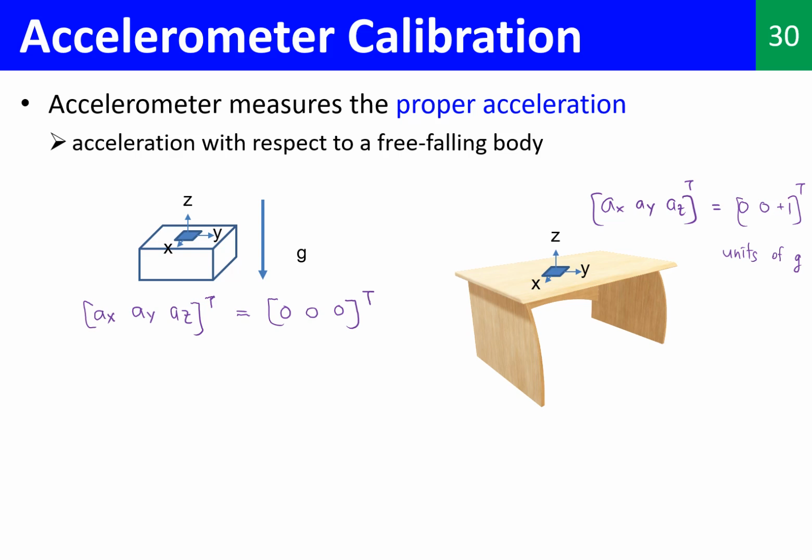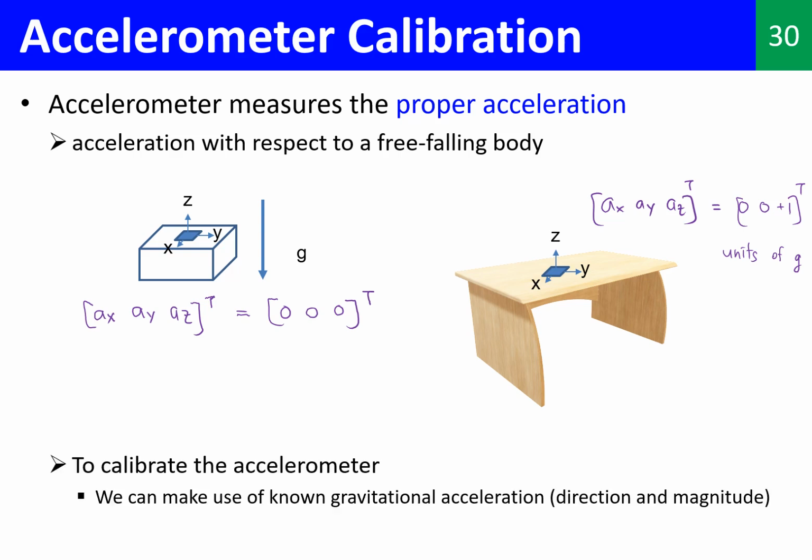Now, how can we calibrate the accelerometer sensor? Any thoughts? We can utilize the known gravitational acceleration, both the magnitude, which is nearly equal to 9.81 m/s squared, as well as the direction, to calibrate our accelerometer.